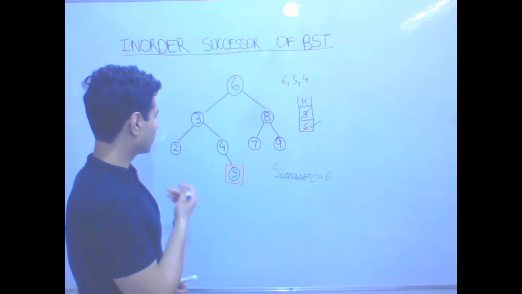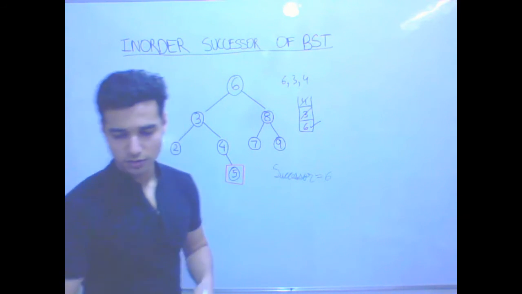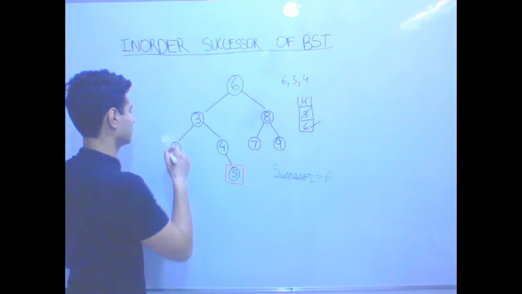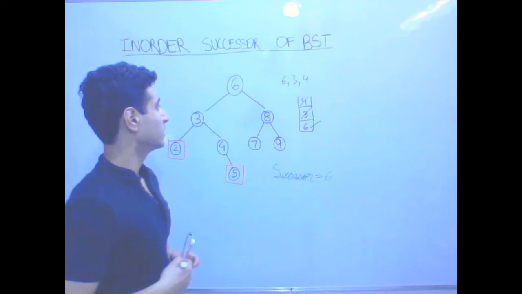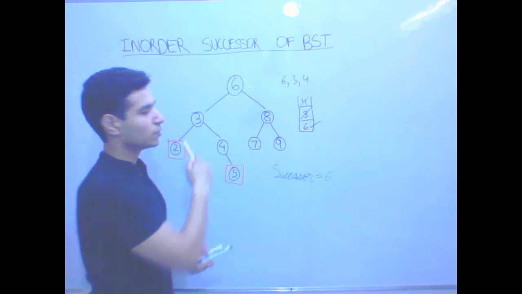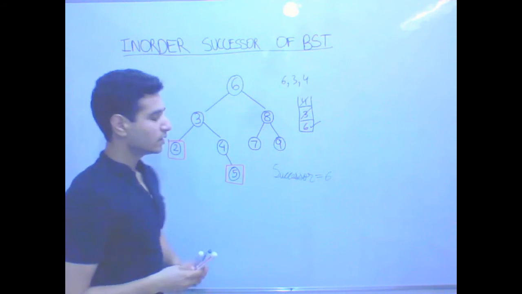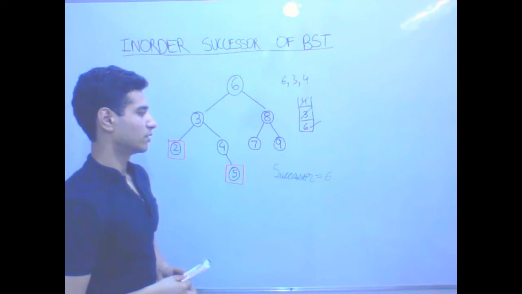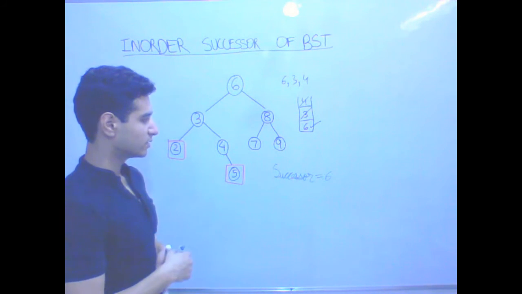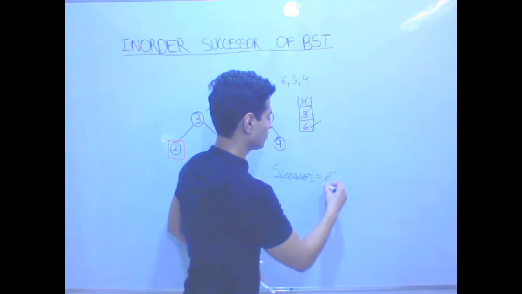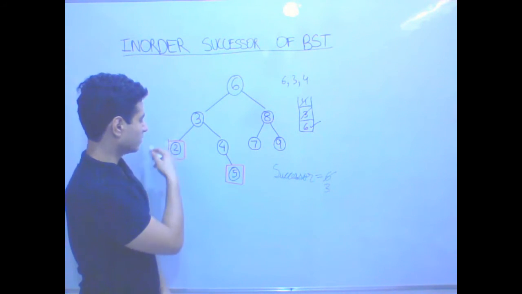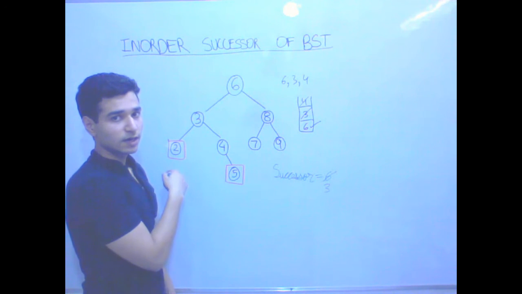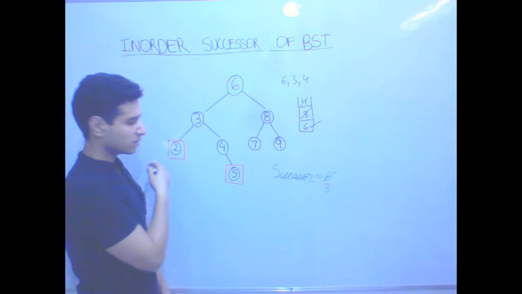So for example, if we were finding 2 instead, then our first successor node would be 6 because we are going left in search of 2. Then again we will go left and we will update this successor node to 3, because 3 is greater than its left subtree, and our target node is in that left subtree.